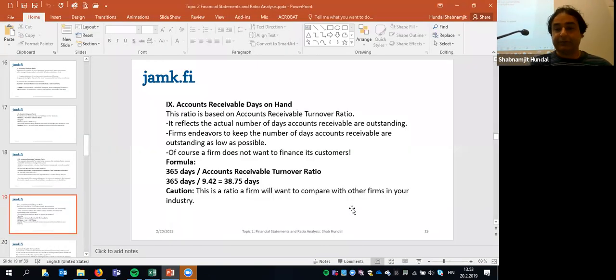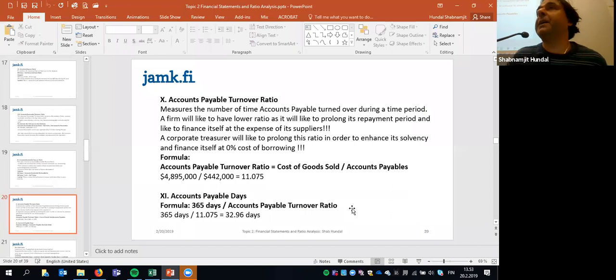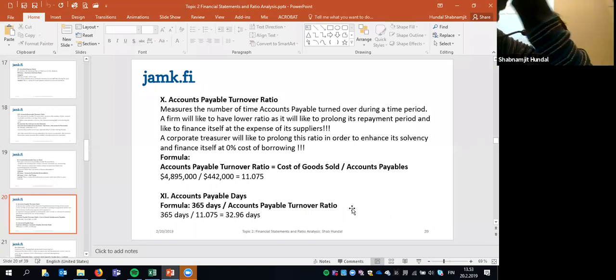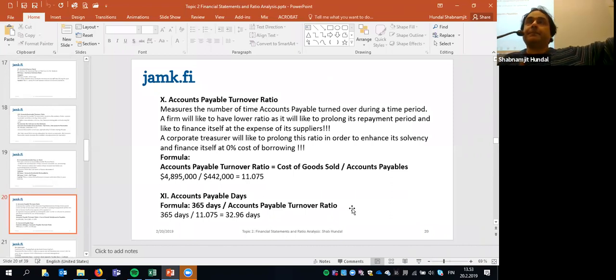The next ratio is accounts payable. How much do you make your supplier wait? Just the opposite. Accounts payable is the money which you owe to your supplier. If I'm a company, what my customers owe me are my receivables, but I also bought raw material from my supplier.